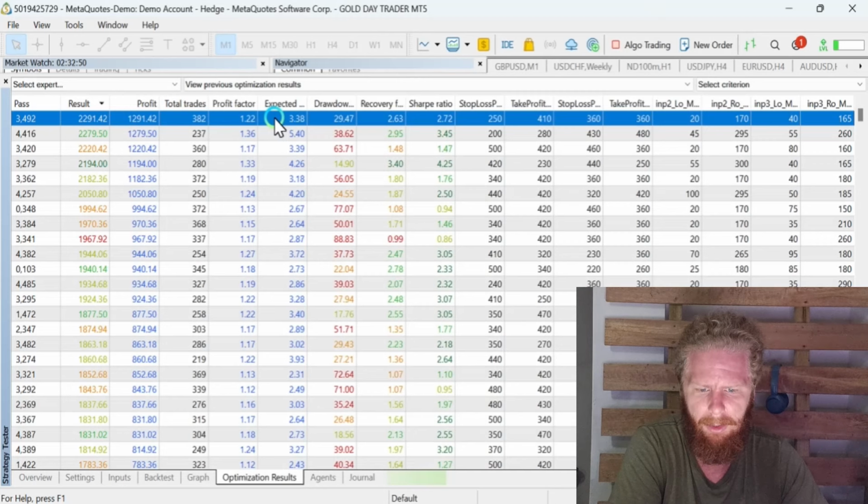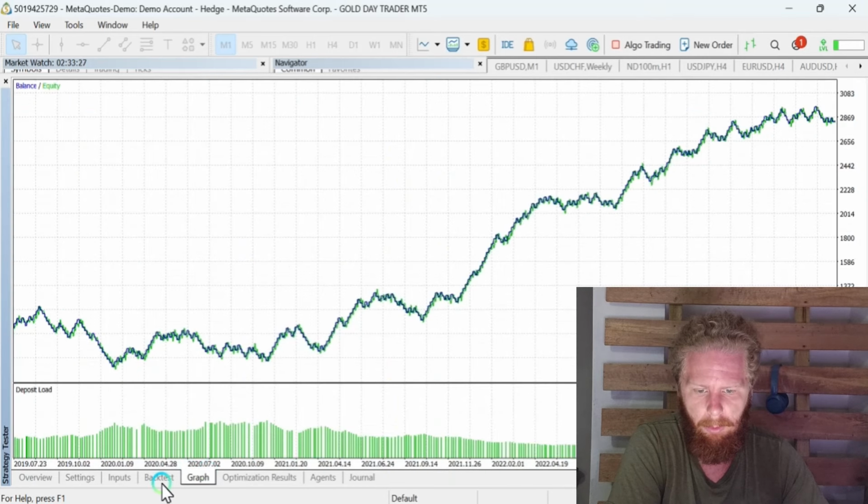Let's see, it is going to be enough. I wait for 2000 passes only. I'm going to also show you some full optimizations, but not profit based, but based on the complex custom criteria. Let's see how it is looking on the back test.